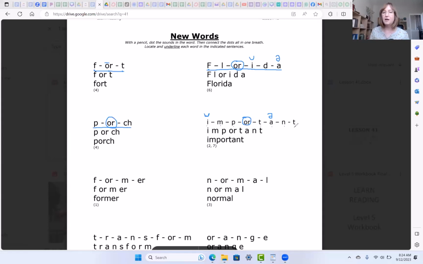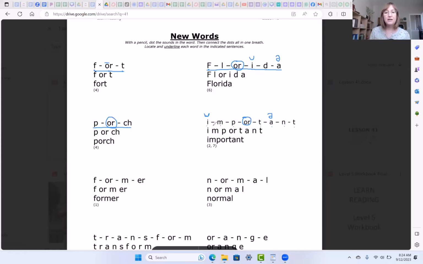Okay, we're going to go sound by sound, but first we're going to make sure we know what each of those vowels is going to say. This I is going to make the short sound because the next two letters are consonants. OR says or, and when A is almost to the end of a multisyllable word and the last two or three letters are consonants, then that A will change to the schwa sound and say ah. We learned that back in lesson, I think, 15 or 16.